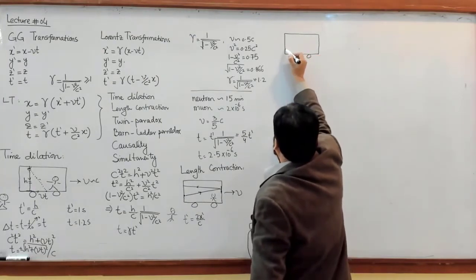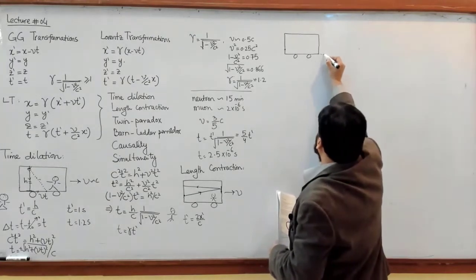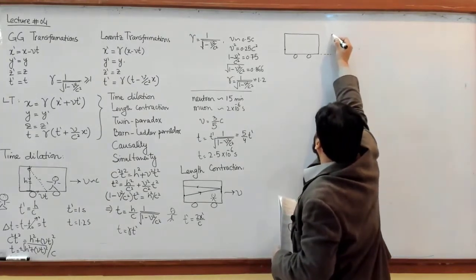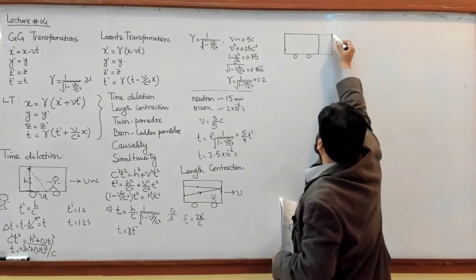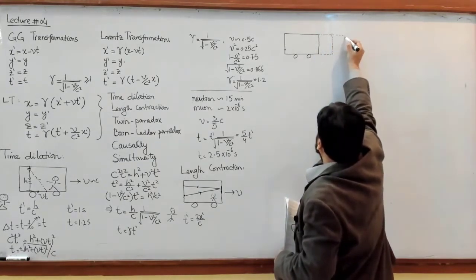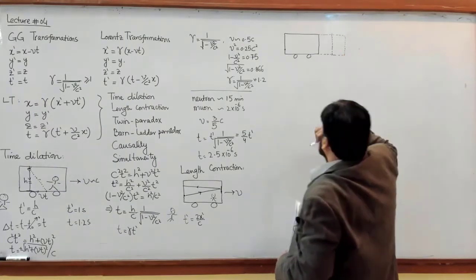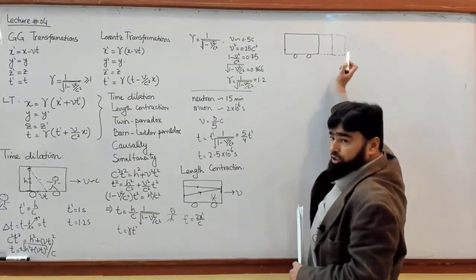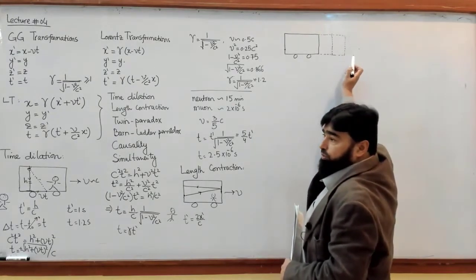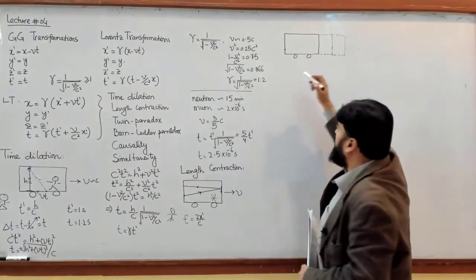There will be some extension due to its speed, one extension and the other extension. I am plotting them as two extensions because in one the light is traveling along the direction of motion, while when it goes back it goes against the direction of motion.